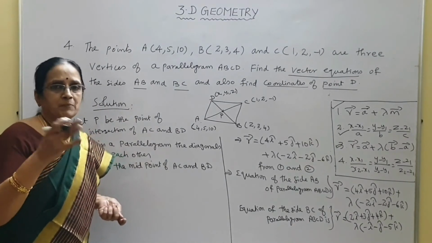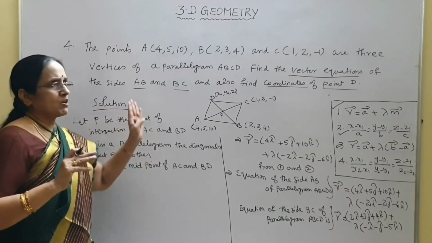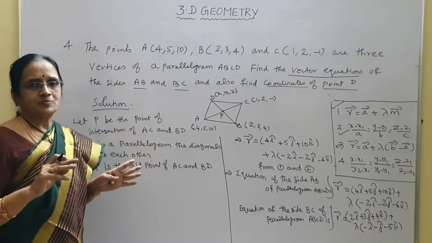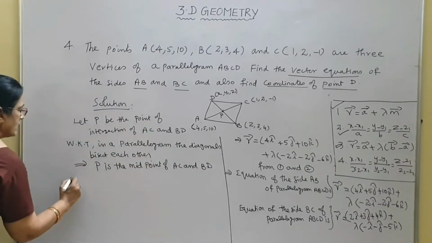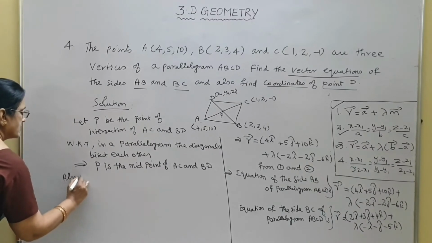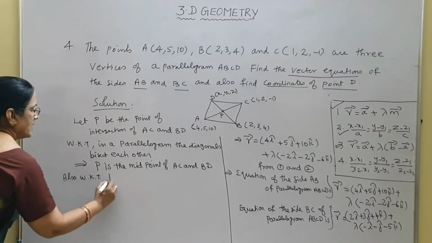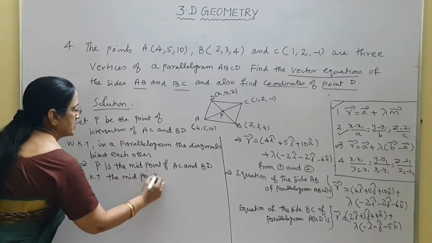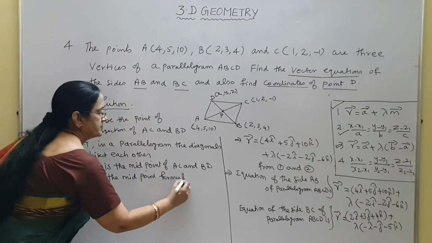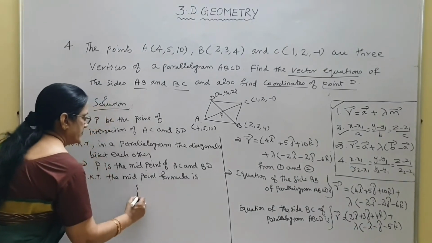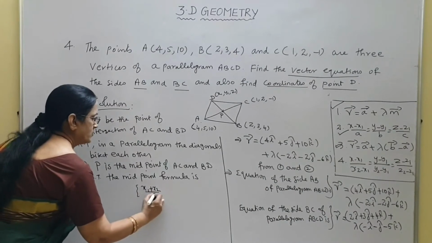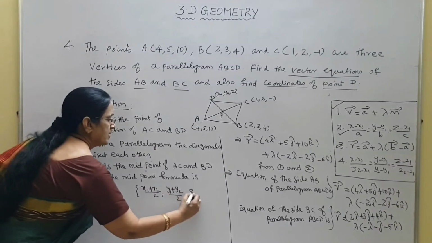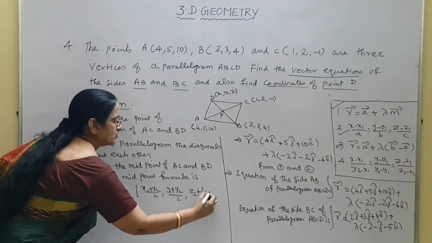Also, you know the midpoint formula, which is nothing but (x1 plus x2) by 2, (y1 plus y2) by 2, (z1 plus z2) by 2. So, let me write the formula. Also, we know that the midpoint formula is (x1 plus x2) by 2, (y1 plus y2) by 2, (z1 plus z2) by 2.